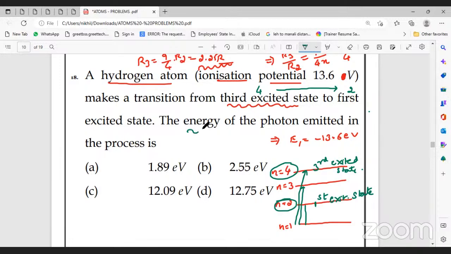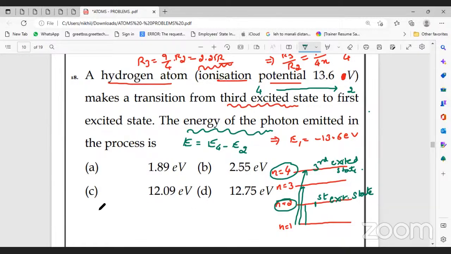Now they are expecting you to find the energy of the photon. You know that the energy of the photon when it comes from the 4th orbit to the 2nd orbit is E4 minus E2. What is E4 minus E2?